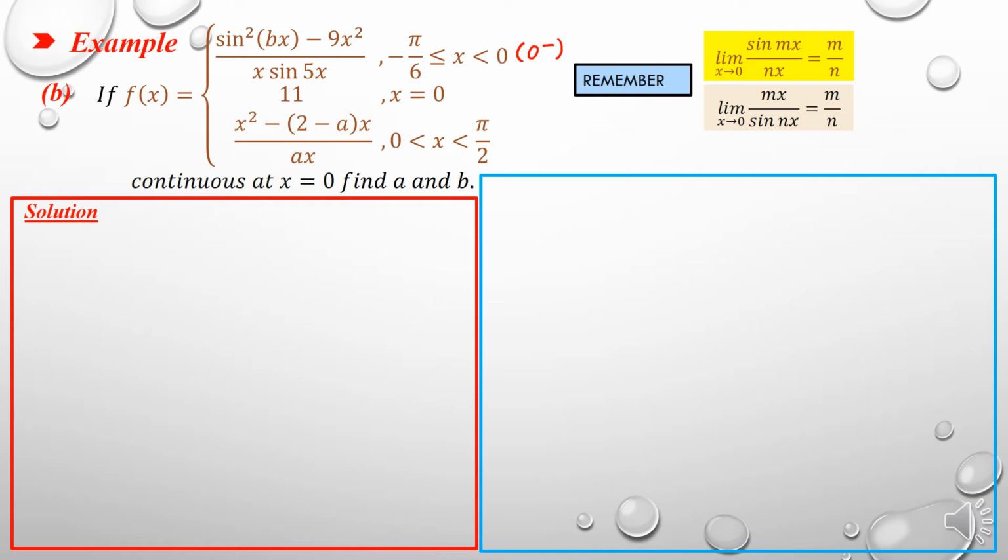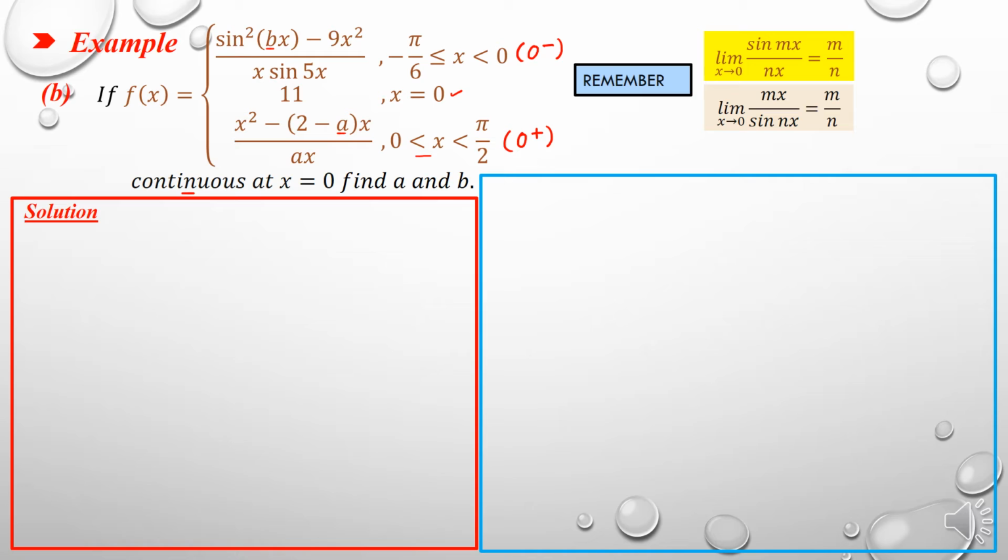Here we have x equals 0 if you want to find the image of 0 under the function f, and in the last piece or in the last interval we have x greater than 0 and less than pi over 2. Since we have x greater than 0, it means 0 from right, and you have to find the values of b and a in this function where f of x is continuous at x equals 0.